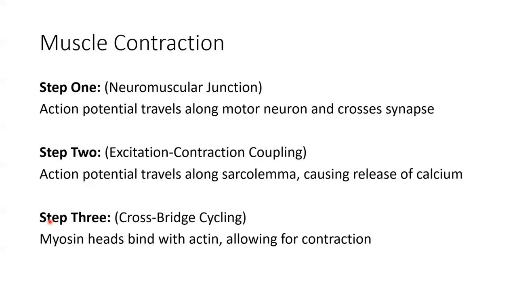And so this happens when that calcium has been released into the muscle during excitation contraction coupling. The tropomyosin moves away from the binding sites on actin. Actin and myosin can bind, they form cross bridges, and the muscle can then shorten or contract. And so we'll go over each of these 3 steps in a bit more detail.